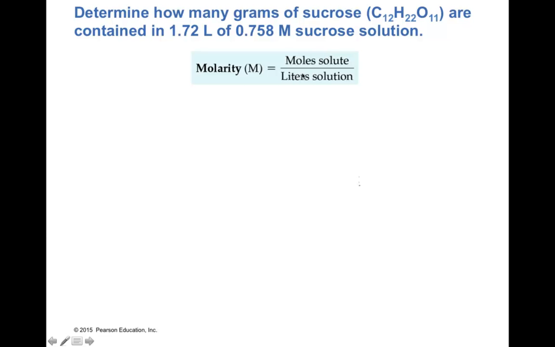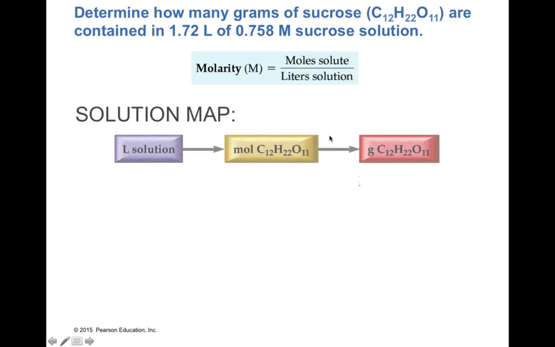Okay? And once you have the moles of the solid, then you can obtain the grams by using what? The molar mass of the sucrose. So basically, by using the molarity, you can change the liters to the moles, and then use the molar mass of sucrose to obtain the mass of the sucrose.